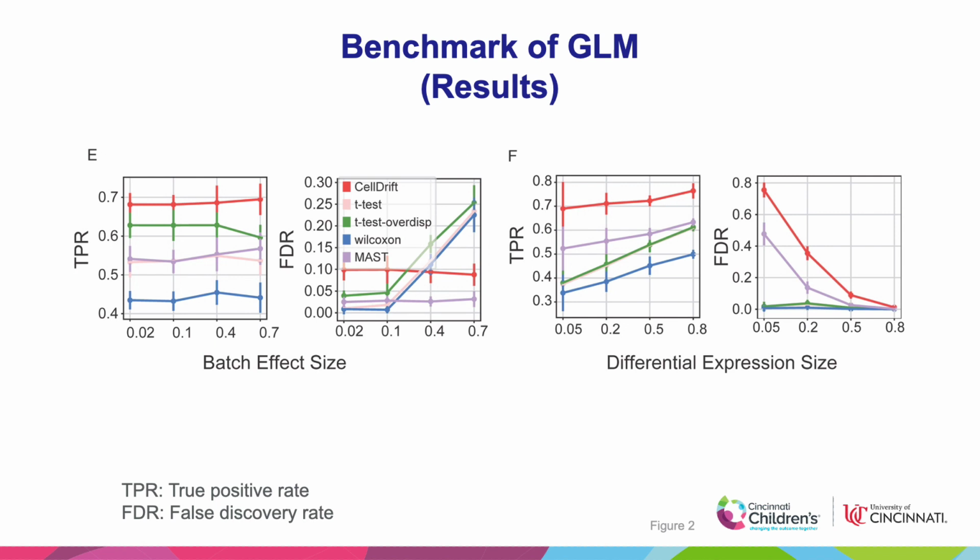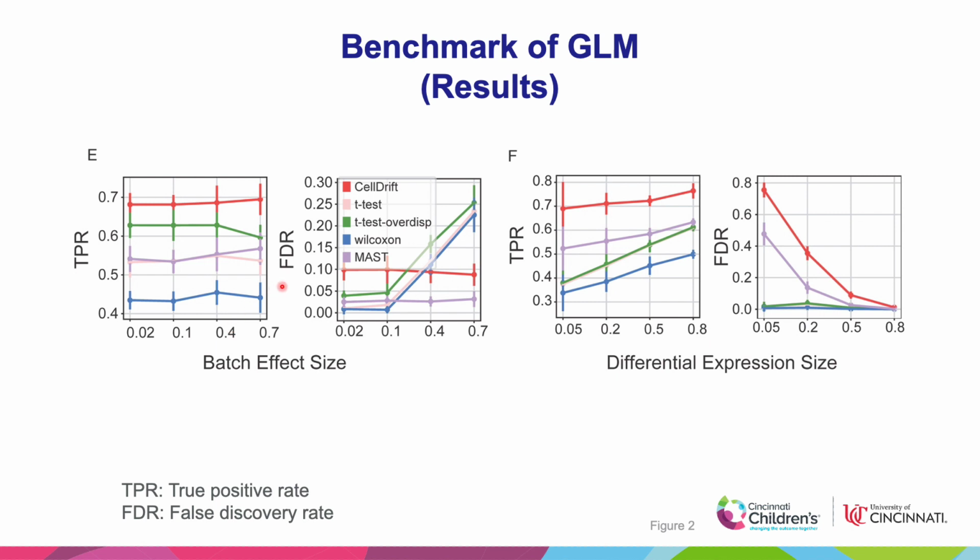And we benchmark CellDrift with other commonly used differential expression methods, and we find that our method has the best performance in identifying the perturbed genes using the evaluation metric called TPR in different parameter settings.